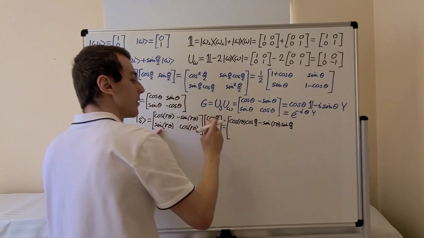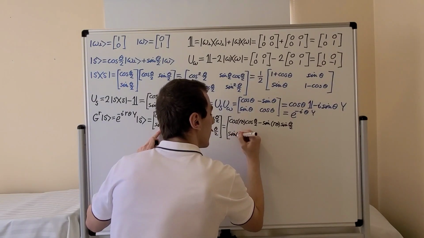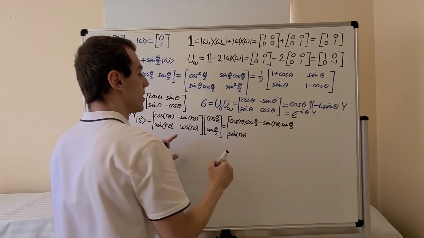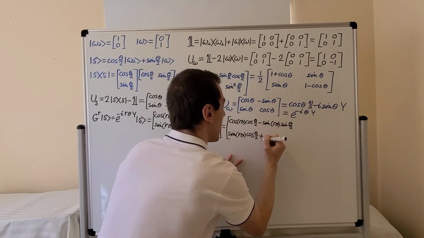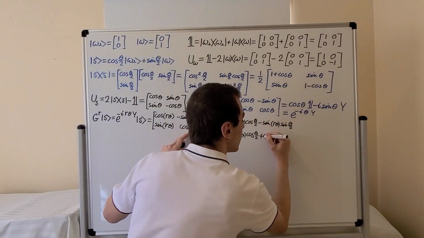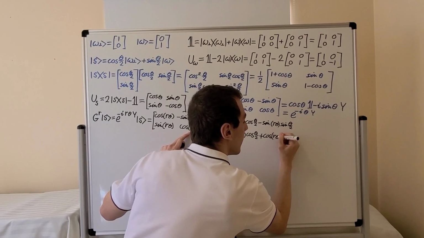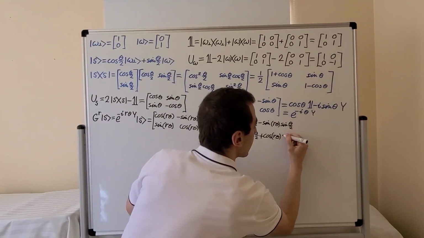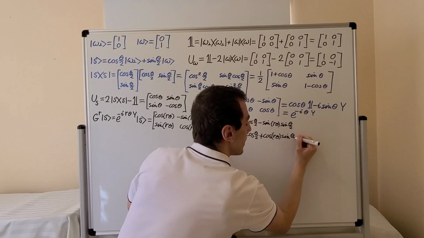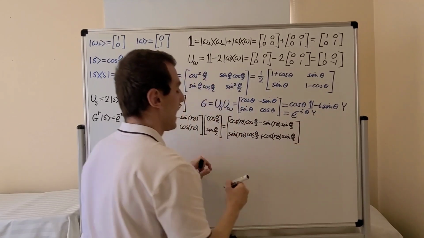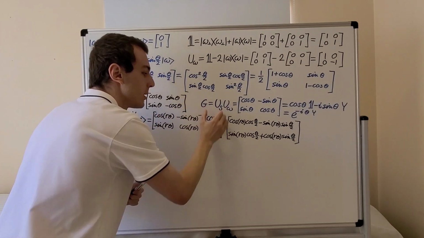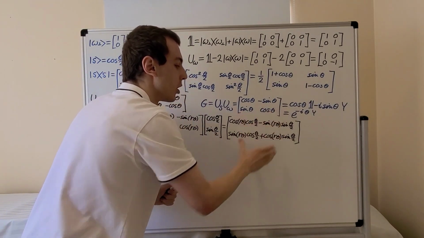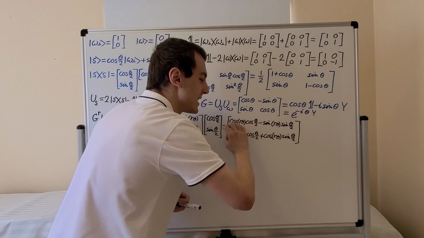We're going to have sine of r theta, and that's going to scale cosine of theta on 2. And then we can add to that cosine of r theta times this sine of theta on 2. And now we have applied this 2 by 2 matrix to this column vector, and that's given us another column vector. But this form is a little complicated.